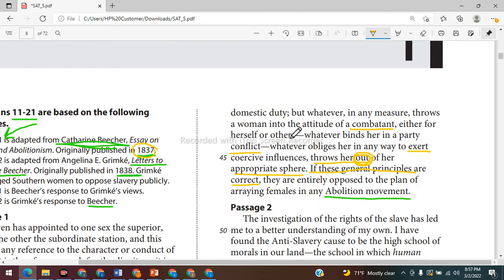Whatever throws a woman into an attitude of combatant, you know, that back and forth. She's saying that if a woman does that, she's coming out of her sphere. Whatever obliges her to in any way exert coercion. Remember, she said coercion is only for men.